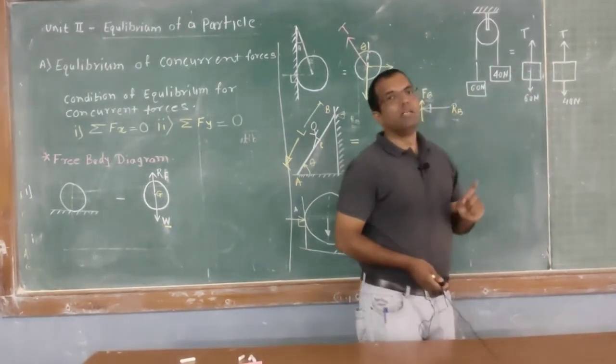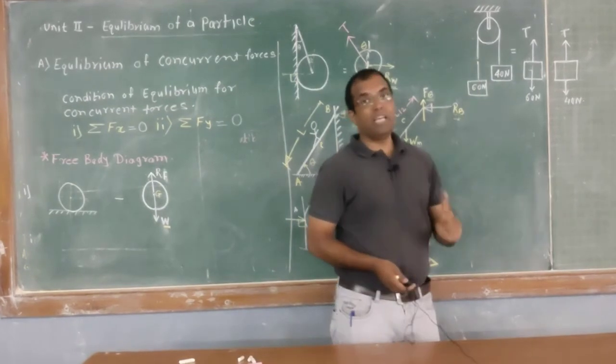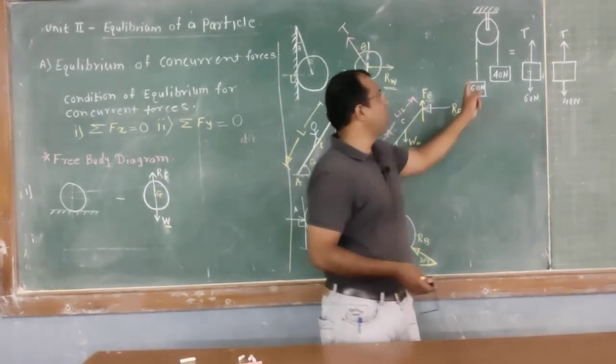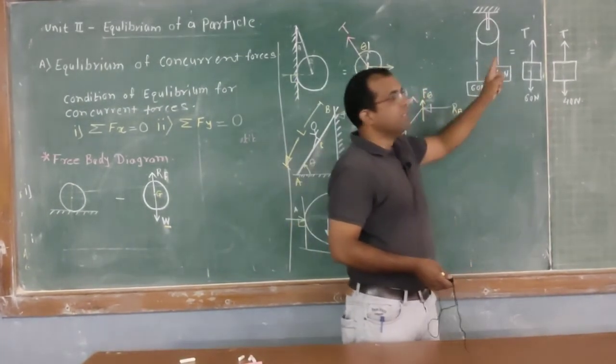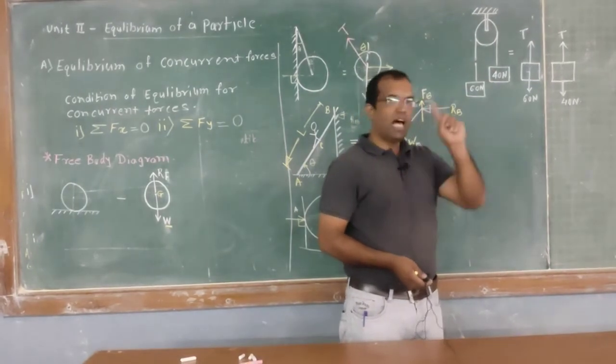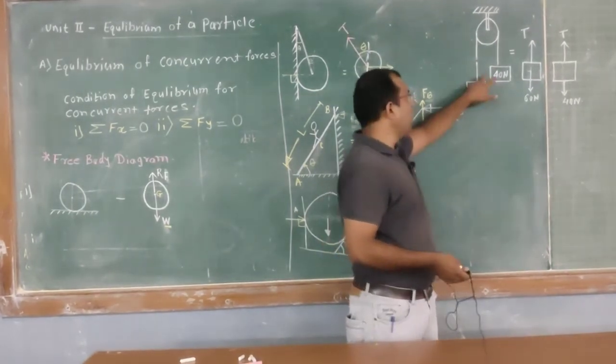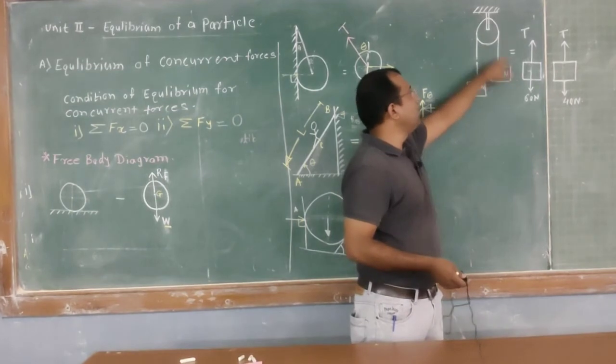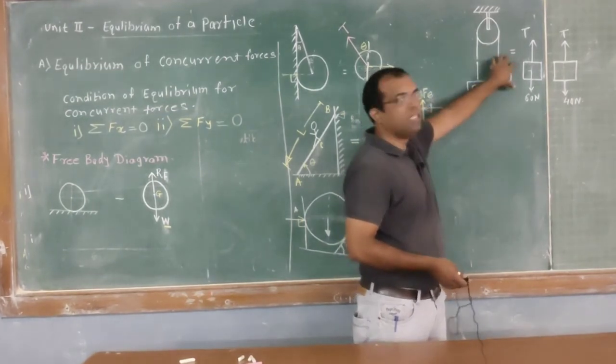So remember that while solving the problems of string forces, the tension in one string always remains constant. Wherever you cut, the tension T is always constant, either at this end or at this end.